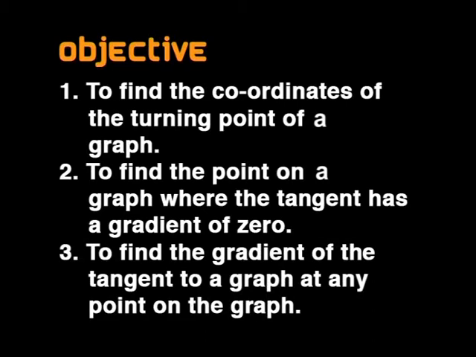And so we developed the more general problem, namely to find the gradient of the tangent to a graph at any point on the graph. A challenge that was so big that mathematicians had to invent new mathematics to solve the problem, and that new mathematics they called calculus. More accurately, they called it differential calculus.